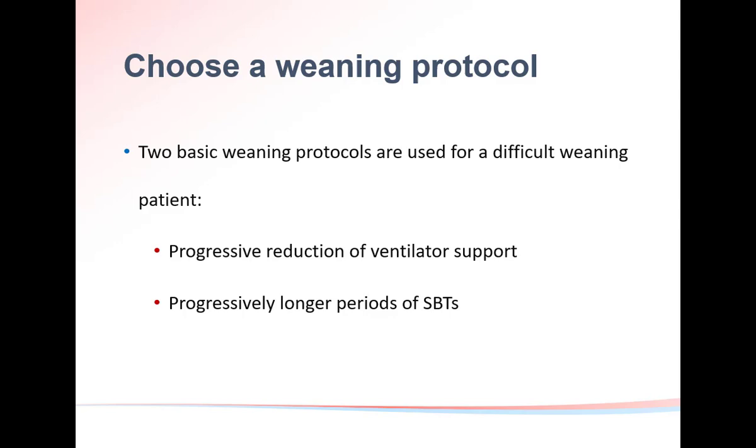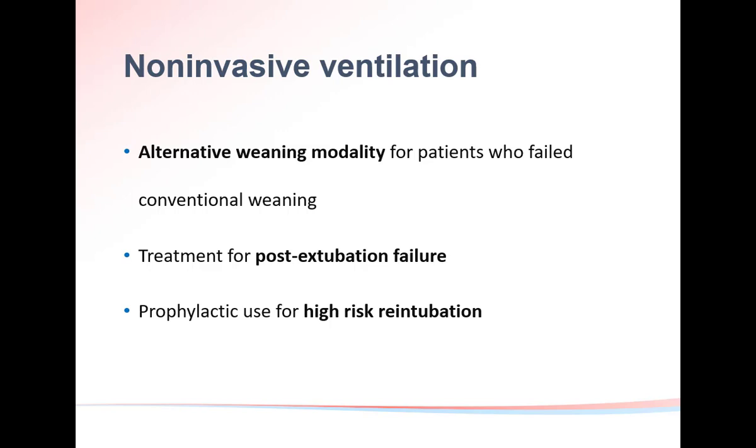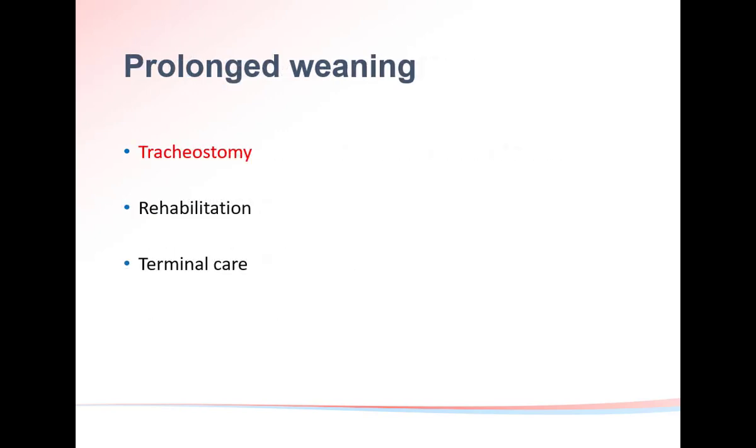Or progressive longer periods of spontaneous breathing trial. Put him on a T-piece for 2 hours, next day maybe 4-5 hours, third day 12 hours, and then next day maybe 24 hours, and then you can consider extubation in that individual. Non-invasive ventilation could be tried even in cases of weaning failure when you have a difficulty.